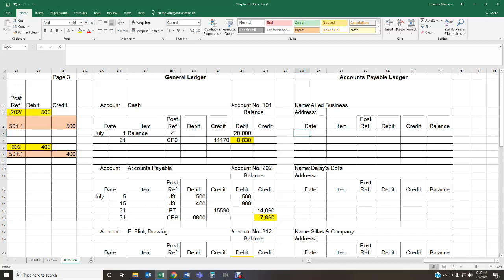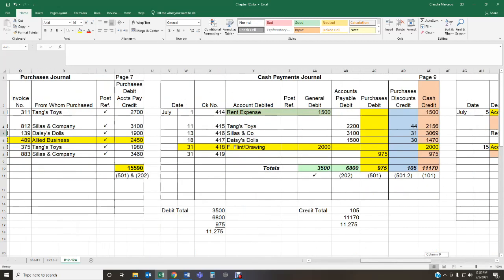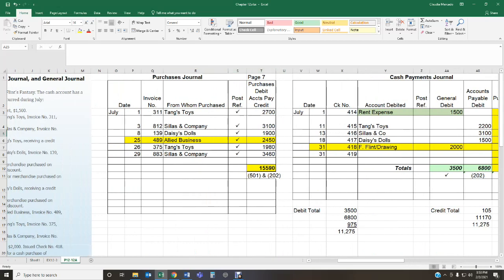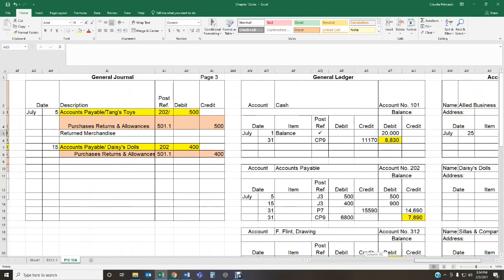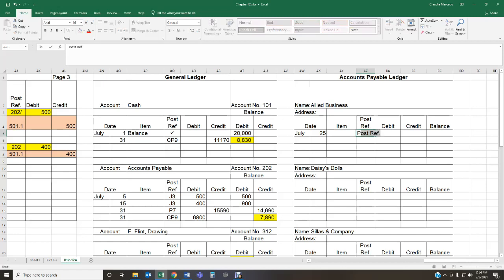That happened on July the 25th. And this is coming from Purchases Journal, page number 7, P7. The amount is a credit of 2,450. My balance is a credit of 2,450.